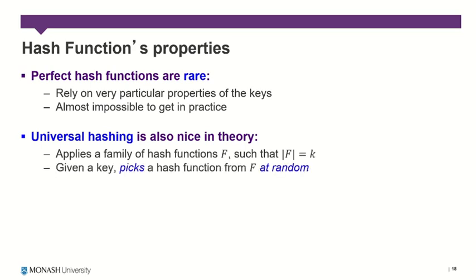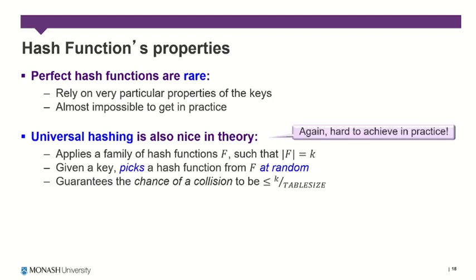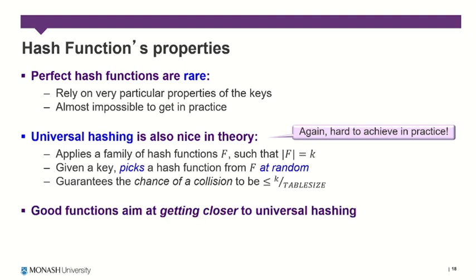Given a key, it picks a hash function from that family at random and guarantees the chance of collision is k divided by the table size, or less than or equal to that. Again, it's hard to achieve in practice, so it's what we're aiming for, but it's hard to guarantee that. Good functions aim at getting closer to universal hashing.